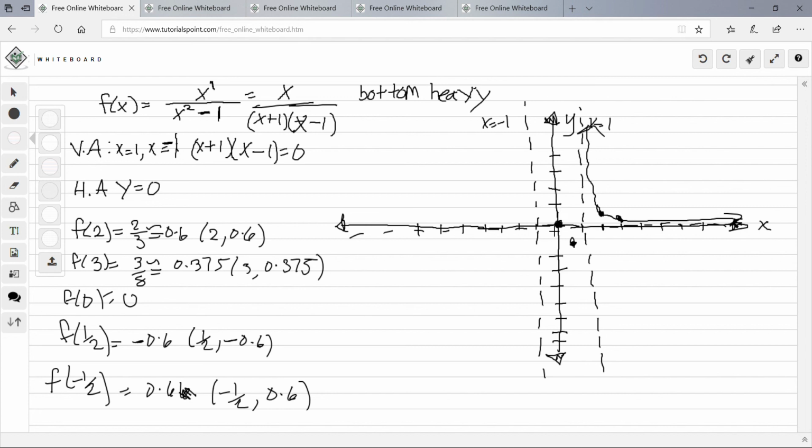Here's negative 1/2, and then you go positive 0.6. So it should be right here. So it's going to look something like this.